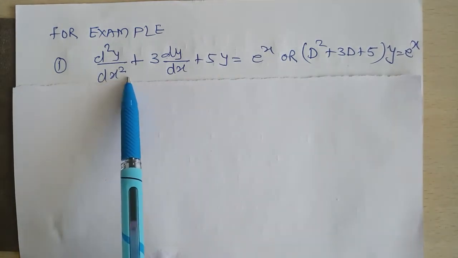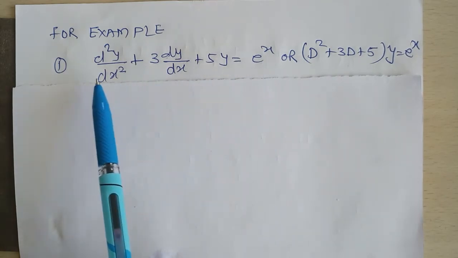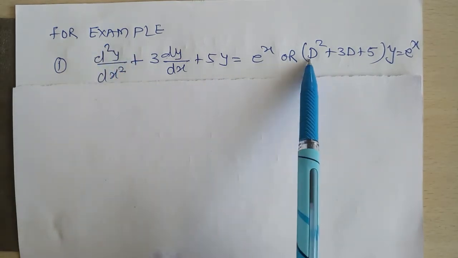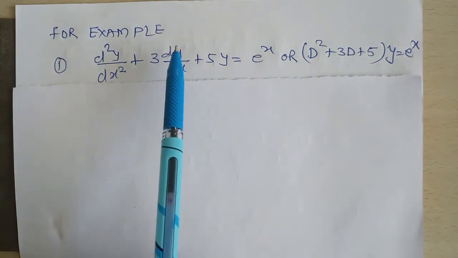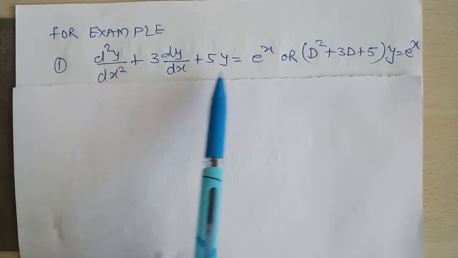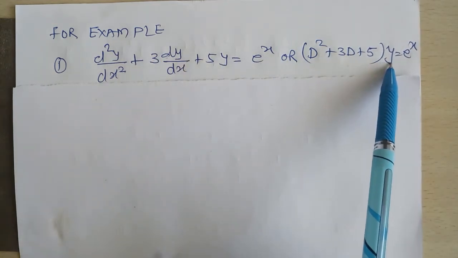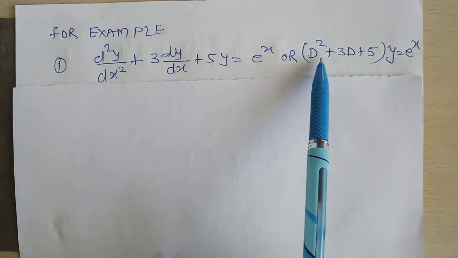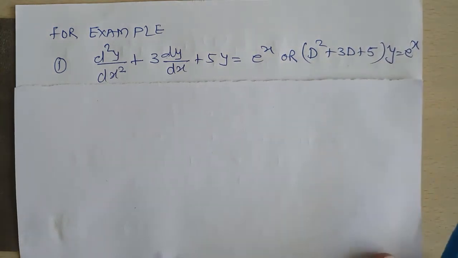Now we express this equation in the derivative symbol D. This is D square y plus 3, constant as it is, Dy, plus 5y. Then y is common, so we have D square plus 3D plus 5, y, equal to e power x.